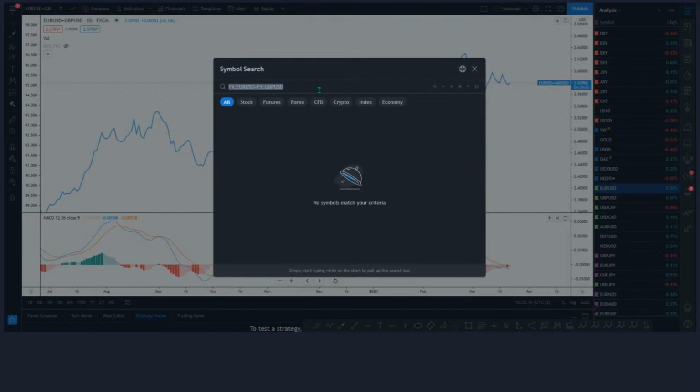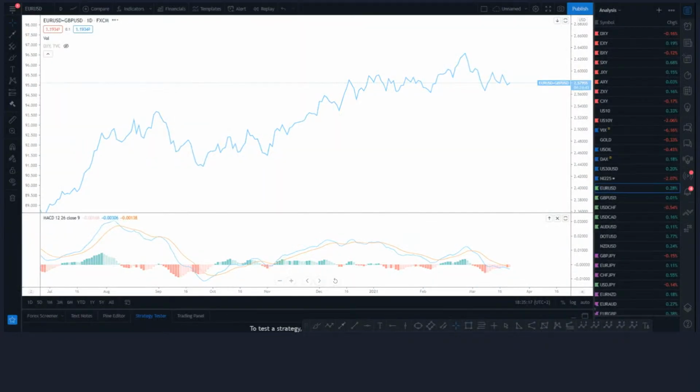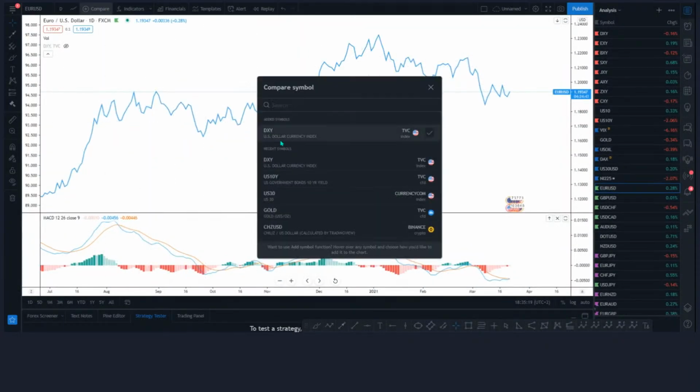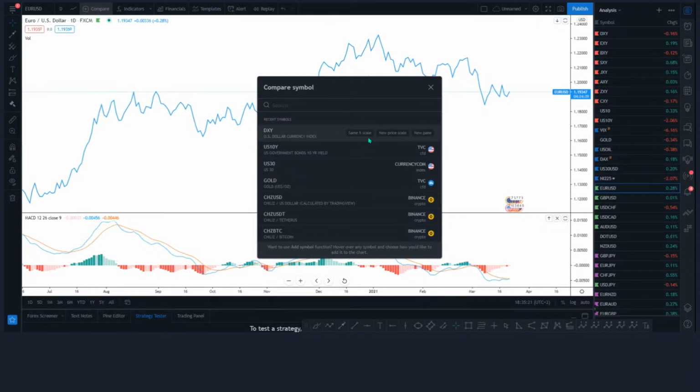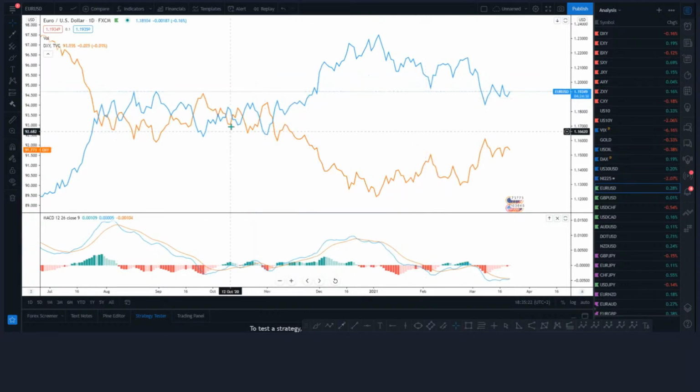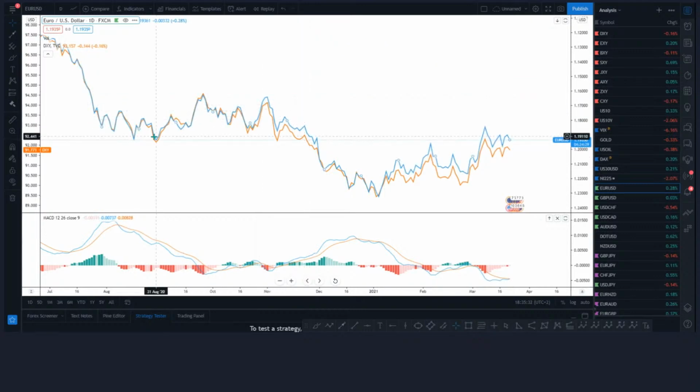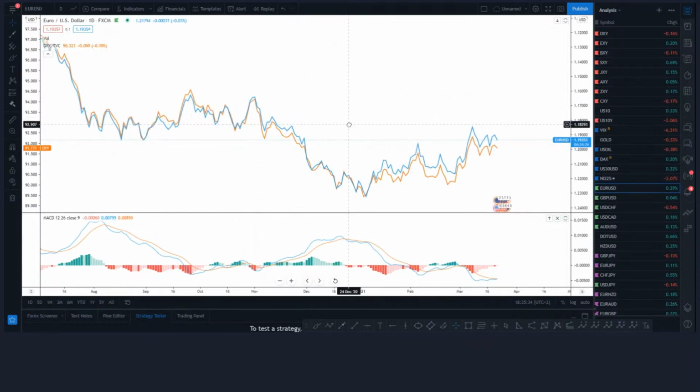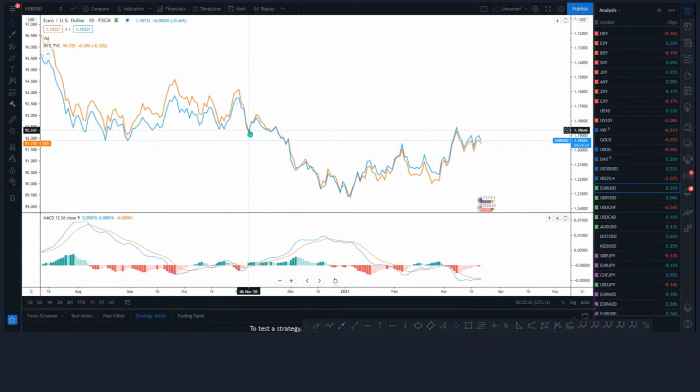Okay. So EURUSD right here. If you compare it to DXY, they're opposite, but you cannot really see it very well. But if you take this euro and go Alt I, now the euro is inverted. So this is the inverse of the euro. Let's say, okay, I'm gonna make it easier.